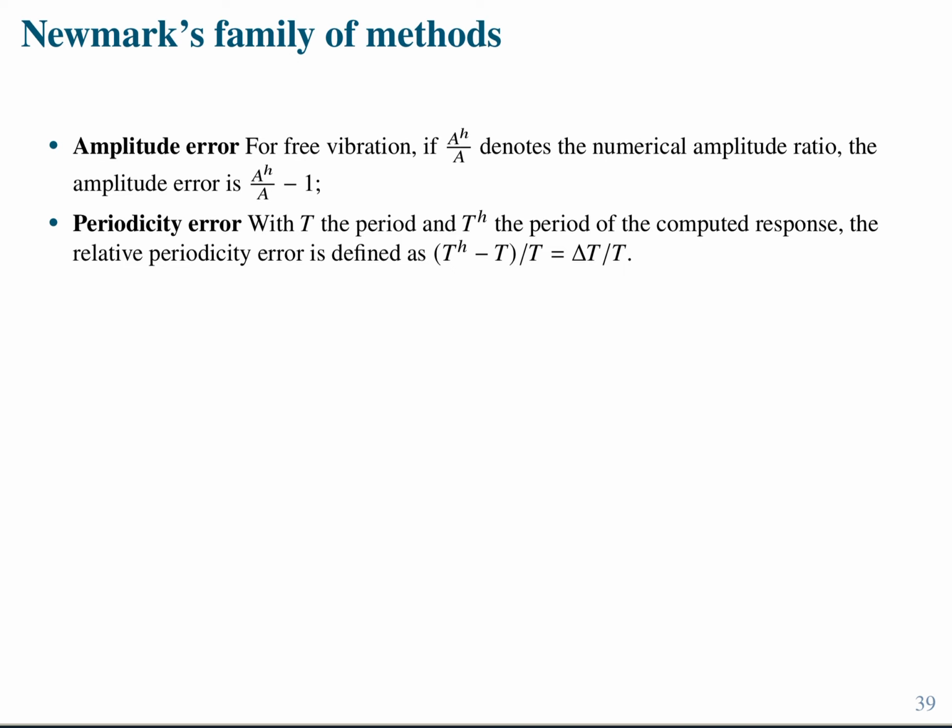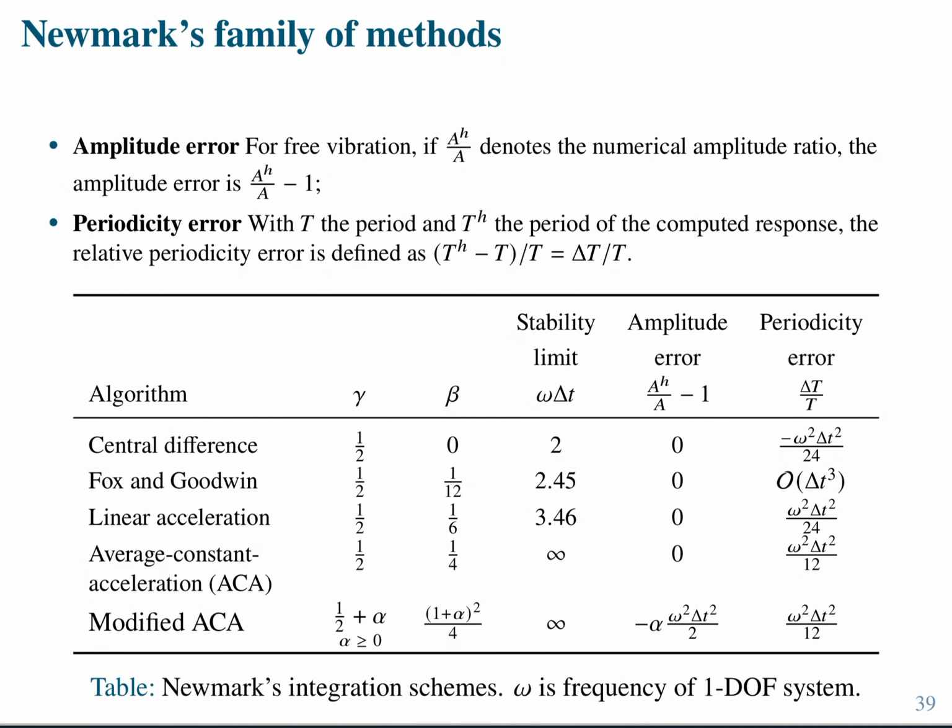You want to keep that period. So if I call delta t the difference between the computed period of my vibration with respect to the exact analytical period, then that delta t is going to give me also some measure of the error. So I'm looking also at the periodicity error.